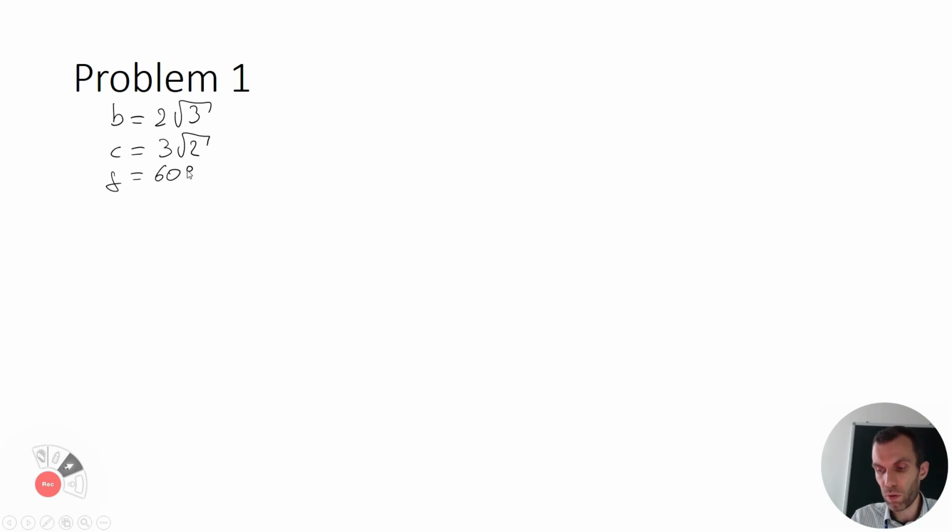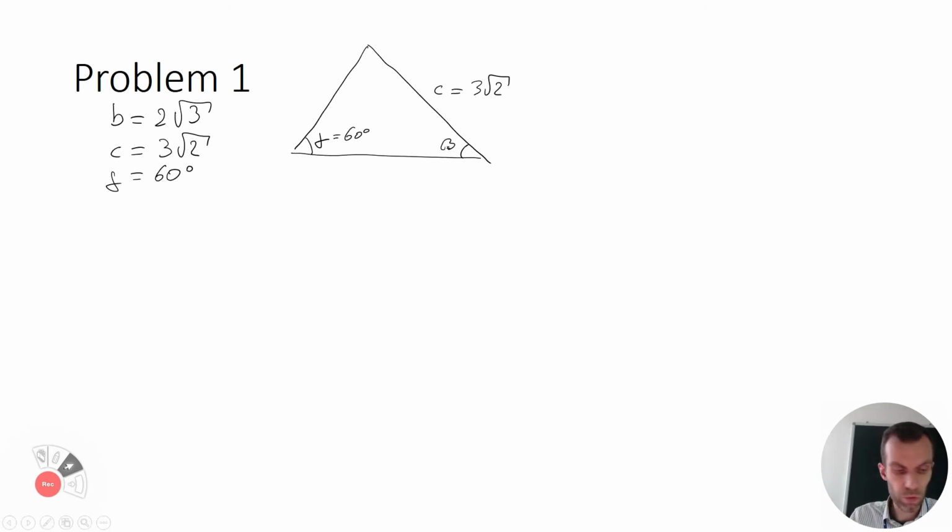And so now if we draw this in a triangle like this, I have gamma, 60 degrees, c is 3 square root of 2. I have beta, which I don't know, and I have alpha, which also I don't know, but here I have b, 2 times square root of 3, and then unknown a. So these are the elements, and what I want to do is find alpha.